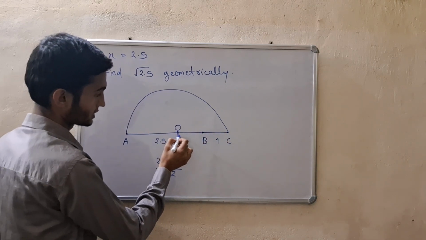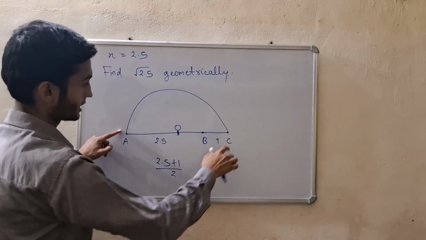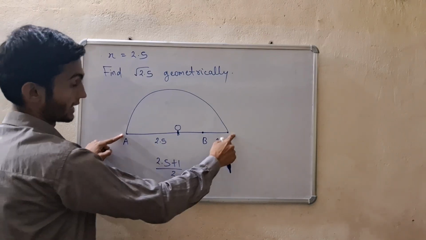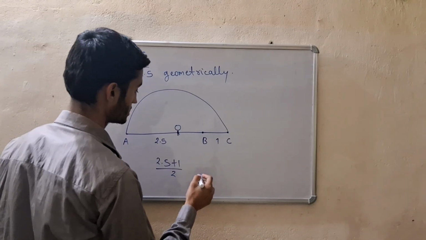Now this OC, or you could say OA, we take into consideration this whole line segment. So OC is the radius.